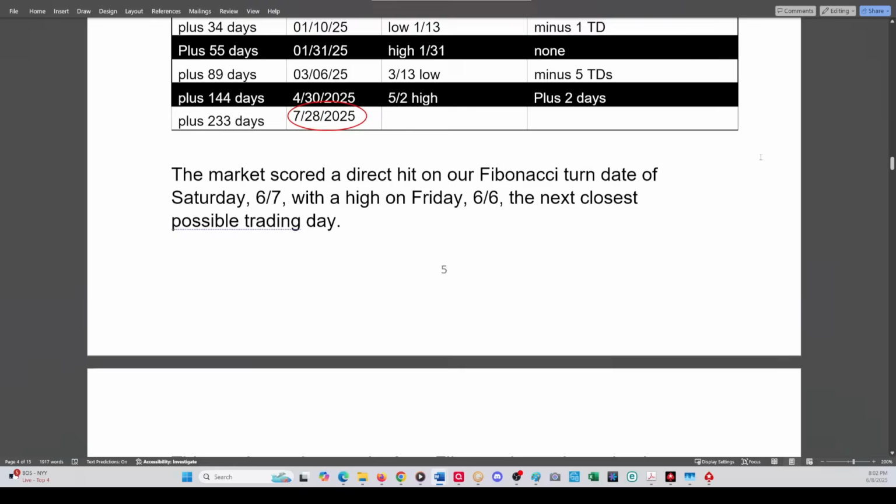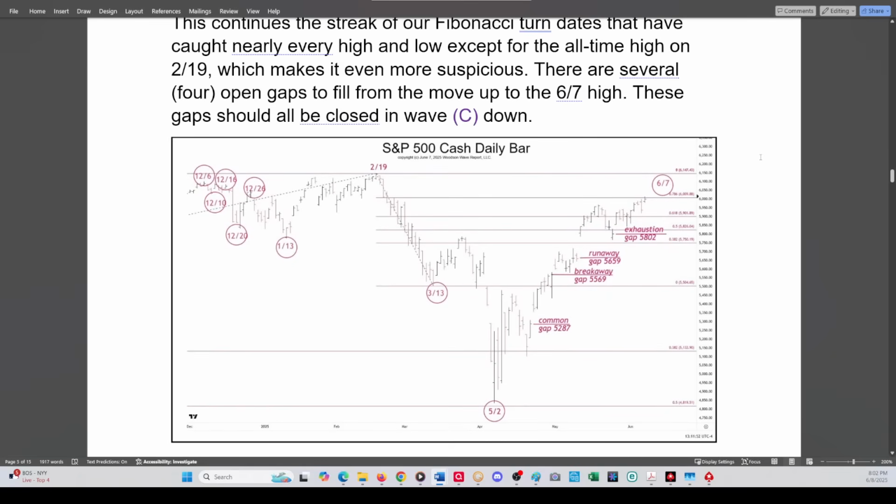Okay, so let's move along here. Here's our S&P 500 cash daily bar, and these circles are those previous turn dates up there. It even goes back further, but there are too many of them.